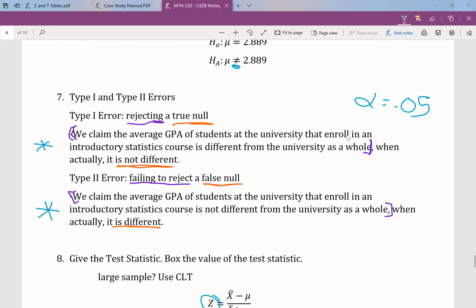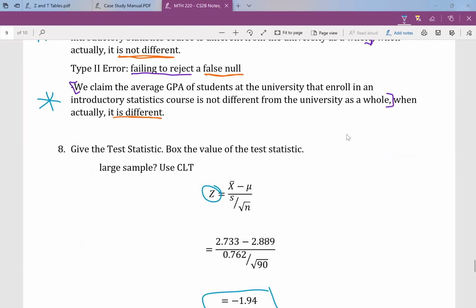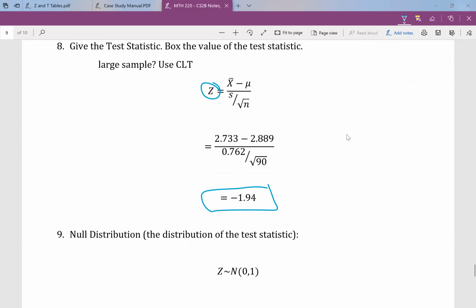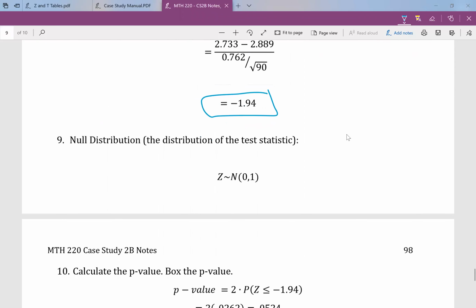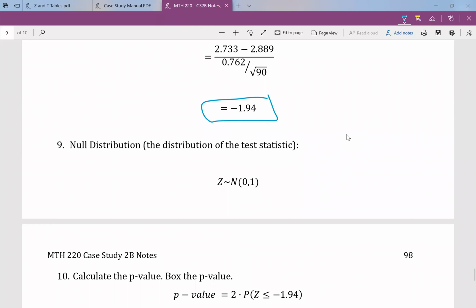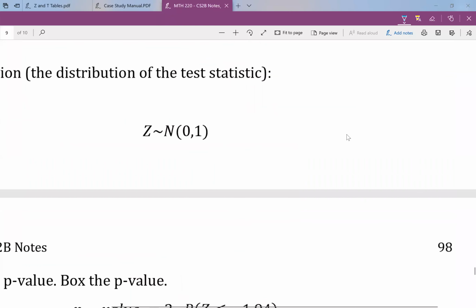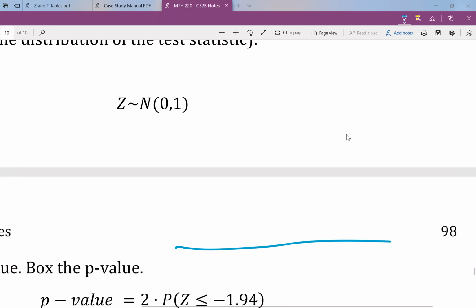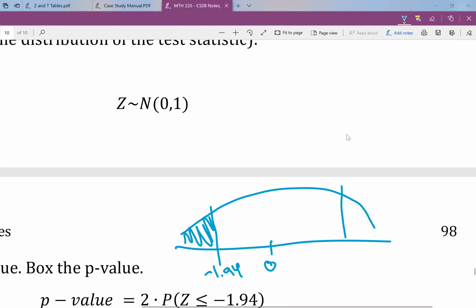That's a two-tailed test, so we start by multiplying by 2. Our p-value is 2 times the probability that Z is less than or equal to negative 1.94. We're down here at negative 1.94, and we go to the nearest tail and then double it.